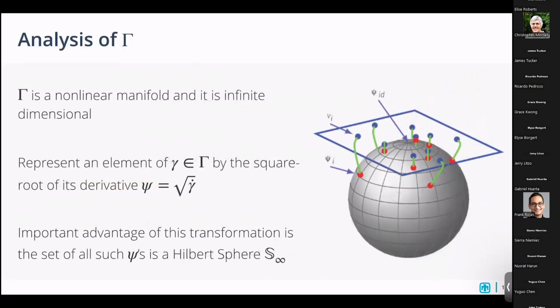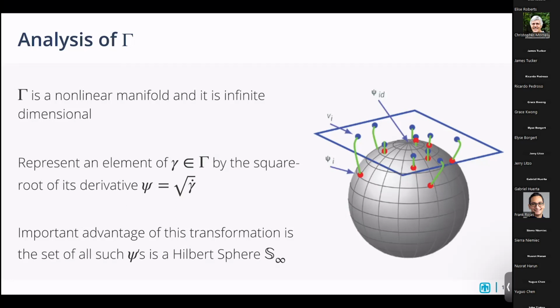If we want to analyze gamma, the problem is that gamma as defined is a nonlinear manifold, it's infinite dimensional, and we don't know its geometry. So it's very complicated to put a distance on that. We can take the same trick we did above and represent an element of gamma by the square root of its derivative, so psi equals the square root of gamma dot.